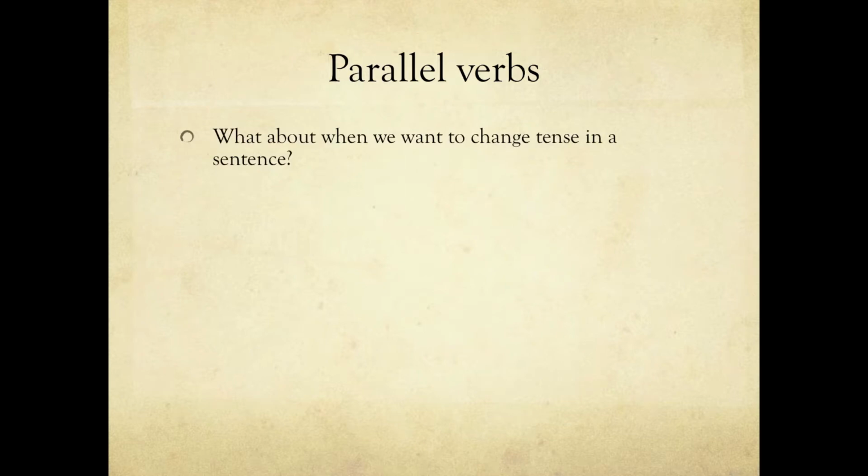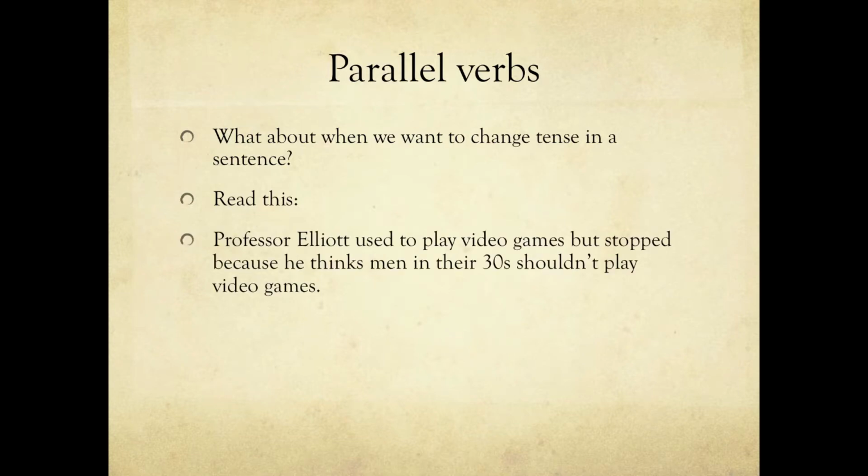All right, so what if we want to change tense in a sentence? This is something that can be confusing, but there are times when we want to do that. Here's one. So Professor Elliot used to play video games, but stopped because he thinks men in their 30s shouldn't play video games. It's funny because it's true, but getting past the humor in it is that we're talking about something that I did in the past, so that I used to do something.